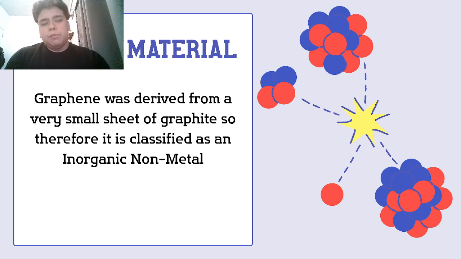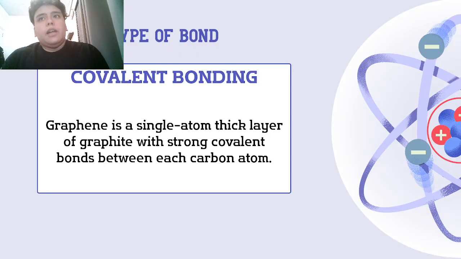Now, for the type of material of graphene, since it was derived from a very thin layer of graphite, and graphite is an inorganic nonmetal, it should therefore also be classified as an inorganic nonmetal. Next is the type of bond.